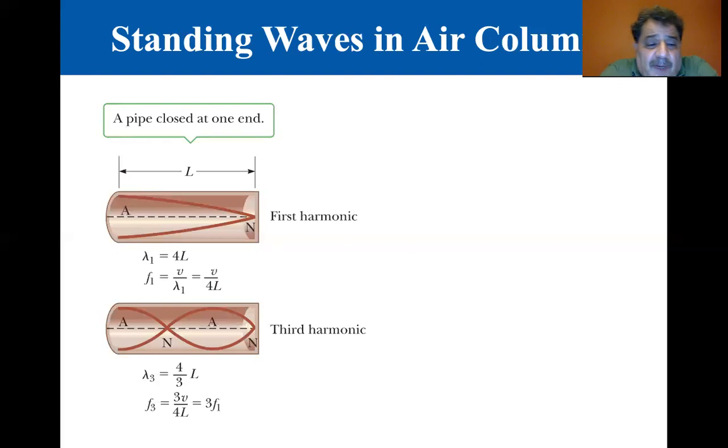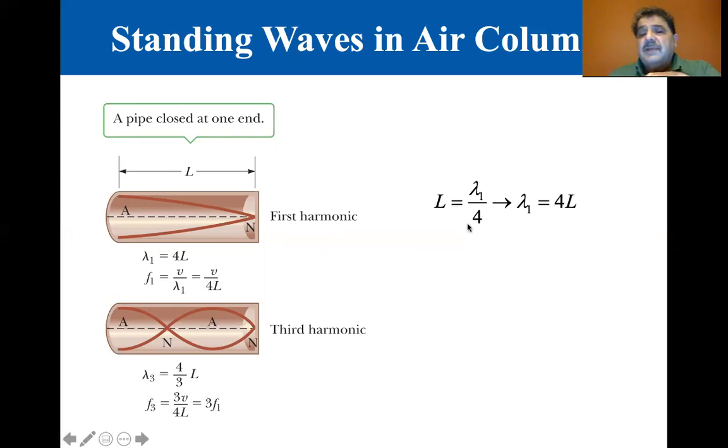Now, for the third harmonic, lambda 3 is equal to 4/3 L. So that's equal to 3V over 4L, which equals 3F1. Now, notice there's no second harmonic. There's not going to be a fourth harmonic. In fact, there's not going to be any even harmonics. It's all going to be odd harmonics. The first, the third, the fifth, the seventh, and so forth.